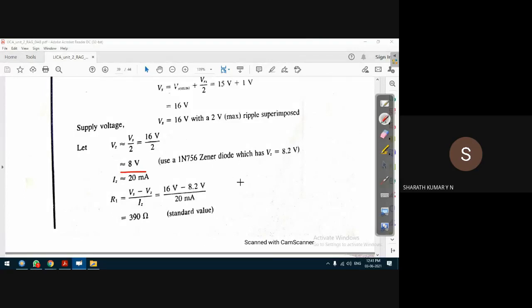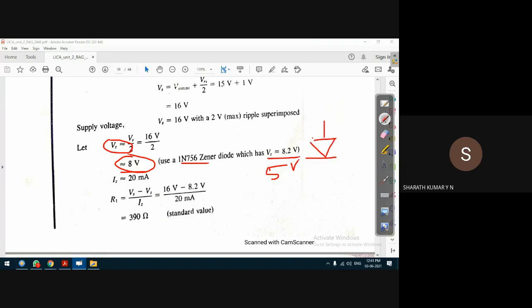Vz is 8 volts. For 8 volts, we have to select a Zener diode which has a reverse voltage of 8.2 volts. The selection of the Zener diode is important because Zener diodes are available for various ranges, such as 5 volts. What is a Zener diode?